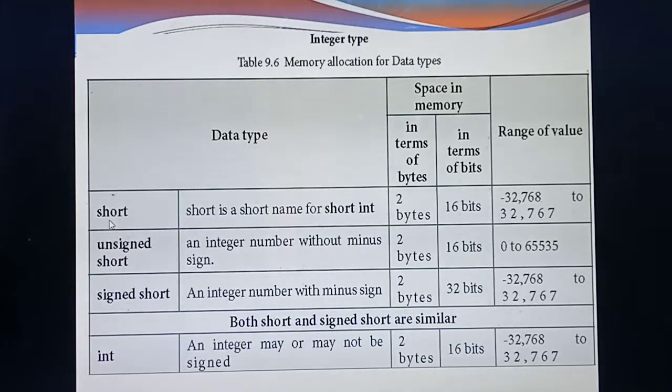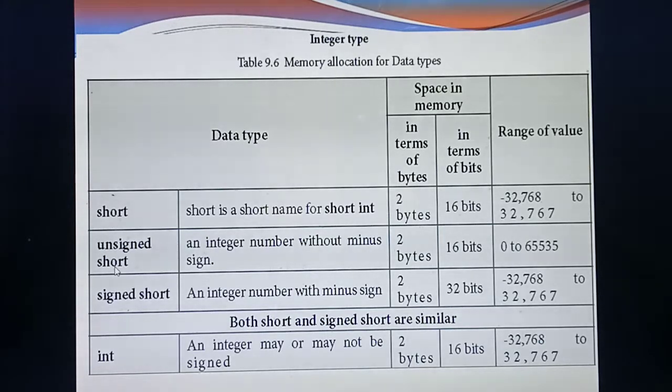The integer data type we normally call as short. Short is a short name for short int. What's the storage capacity for int? 2 bytes, same. 2 bytes means 16 bits.